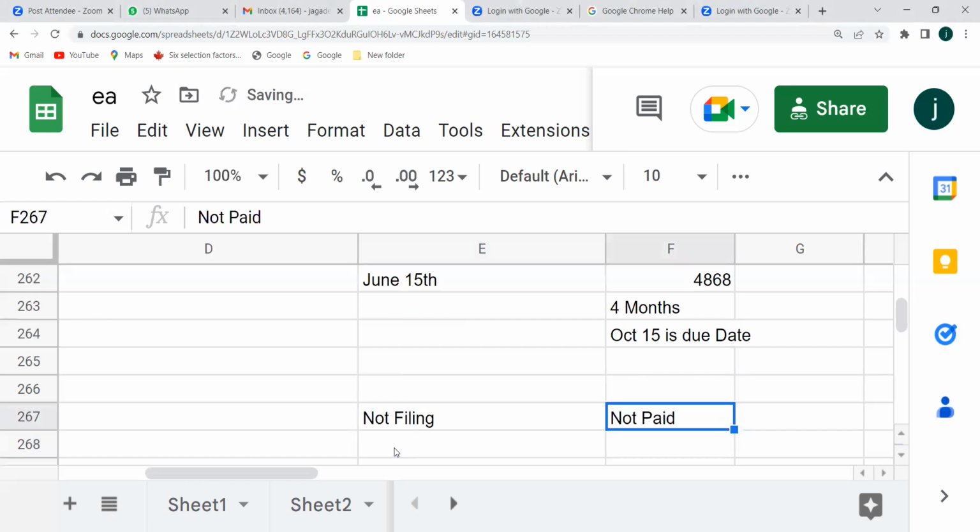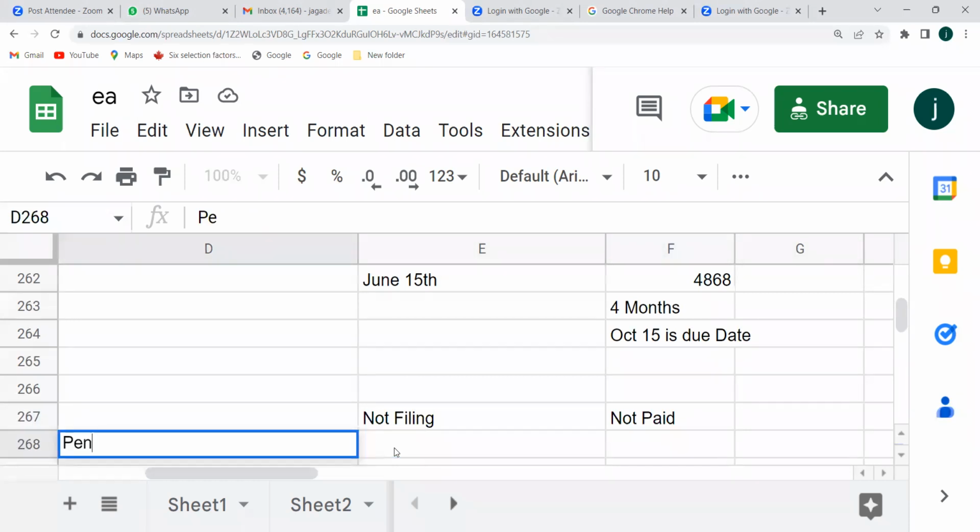You need to pay all your tax dues before 15th April. If you are not paying the tax dues before 15th April, you need to pay penalties.